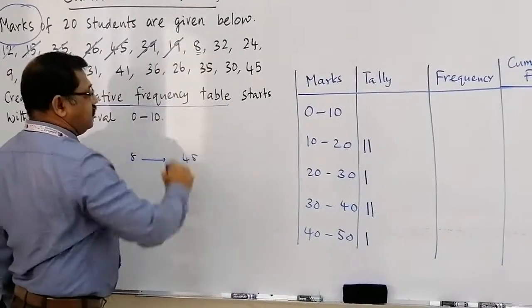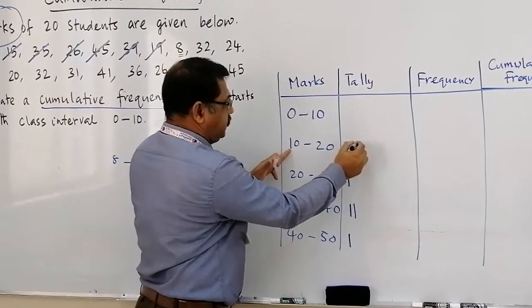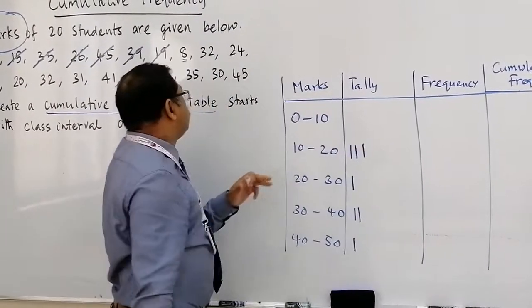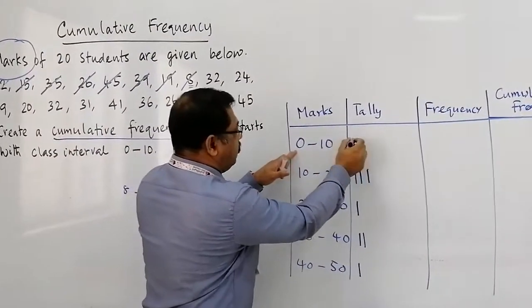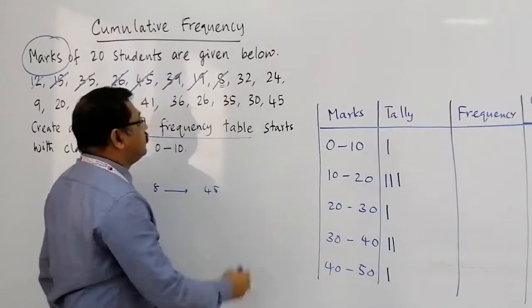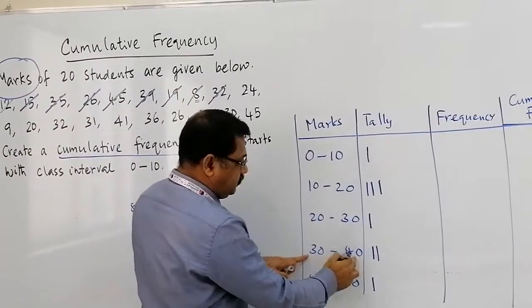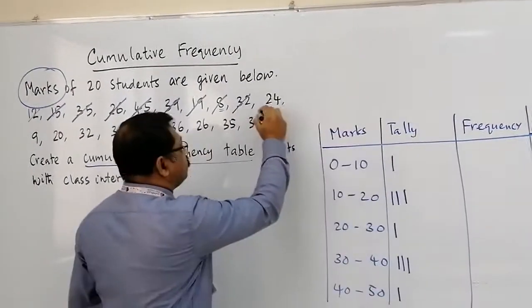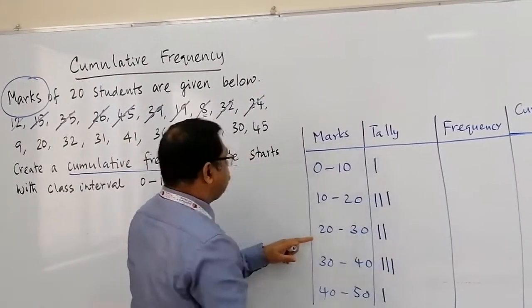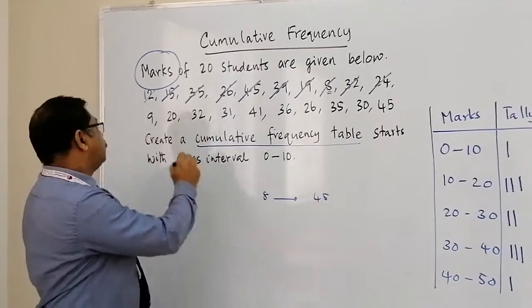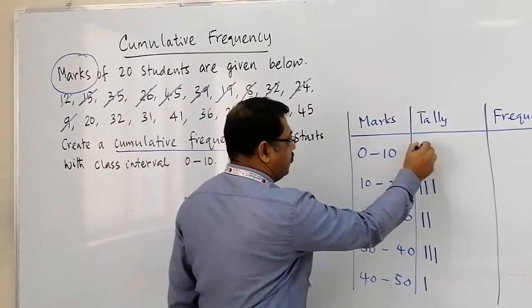Next, 19 falls in 10 to 20. 8 falls in the first interval. Next, 32 falls between 30 and 40. 24 is between 20 and 30. 9 is in the first interval.